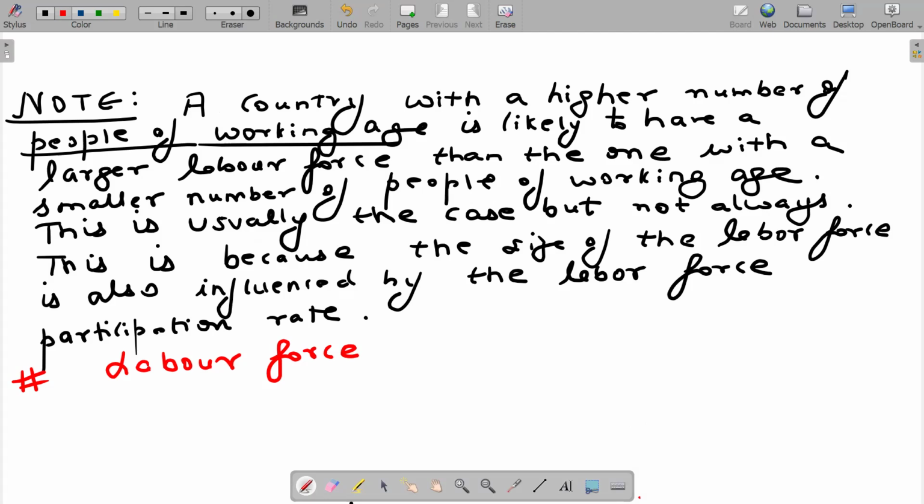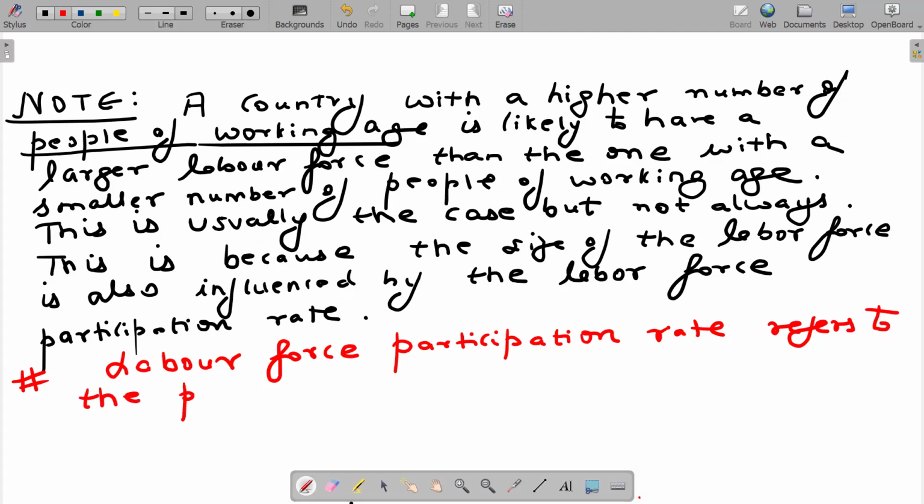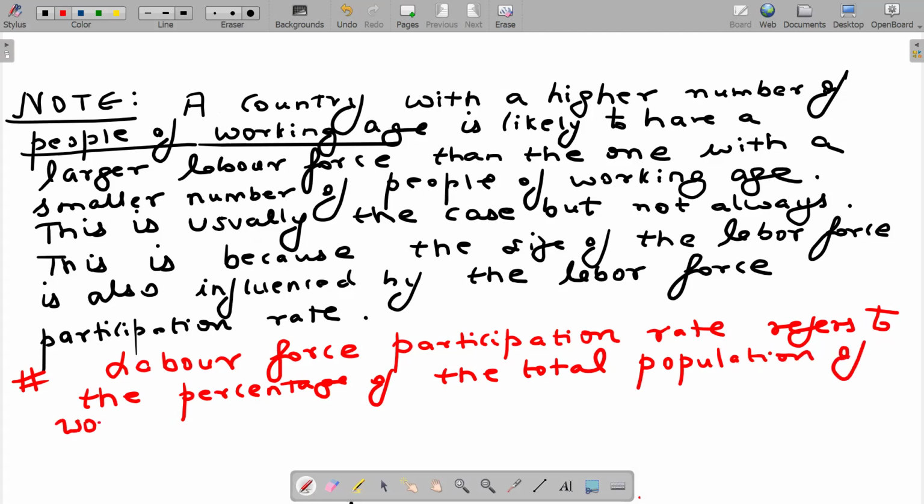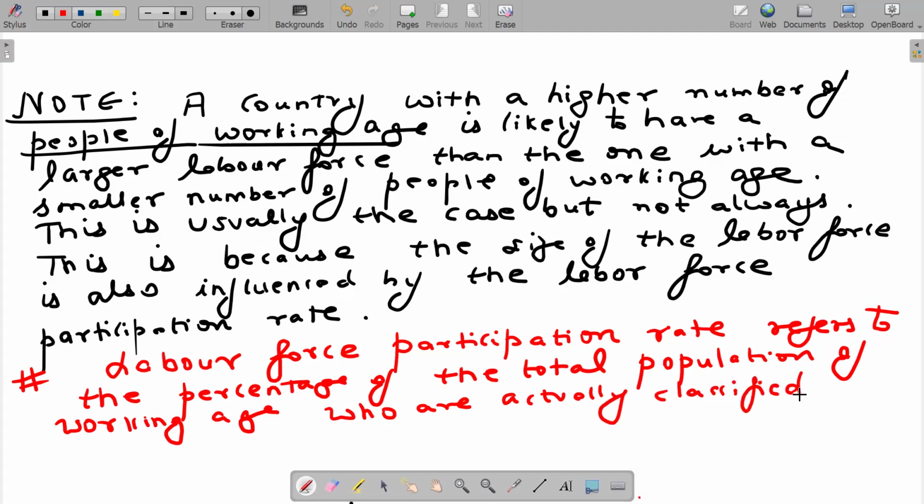Labor force participation rate refers to the percentage of the total population of working age who are actually classified as being part of the labor force.